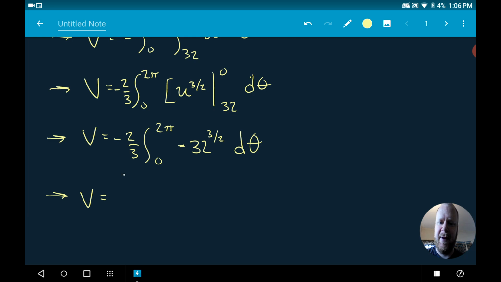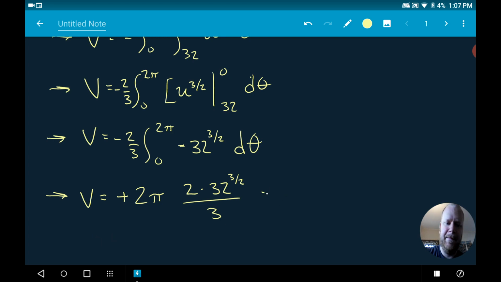So it looks like my final evaluation is going to be positive 2 pi times 2 times 32 to 3/2 divided by 3. So a nicer form might be 4 pi over 3 times 32 to 3/2. Okay, so that's that one.